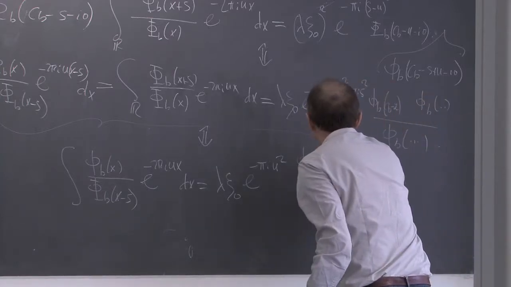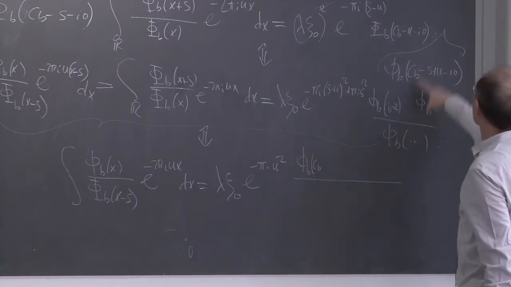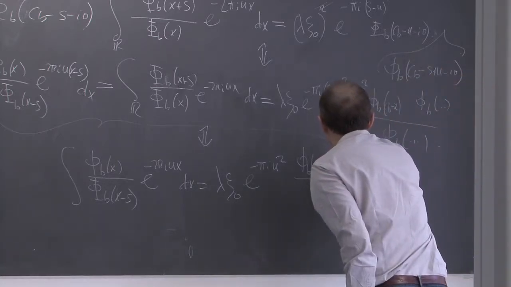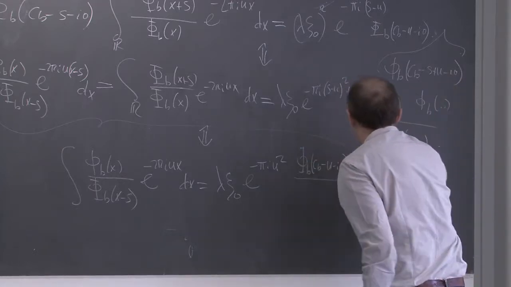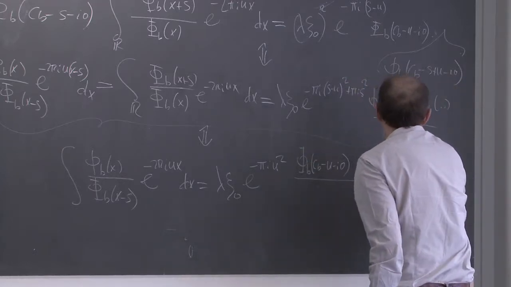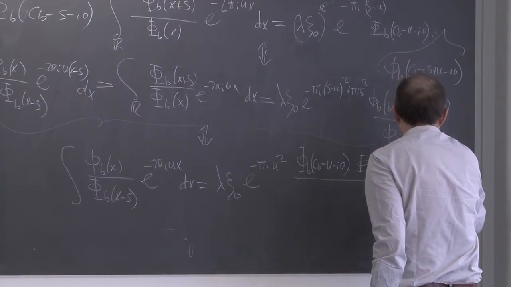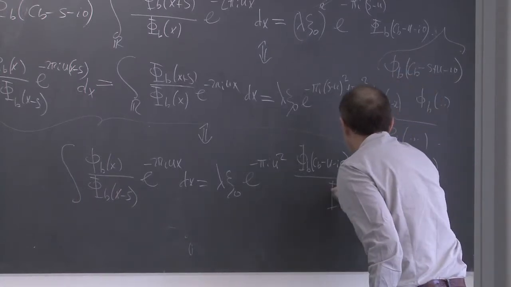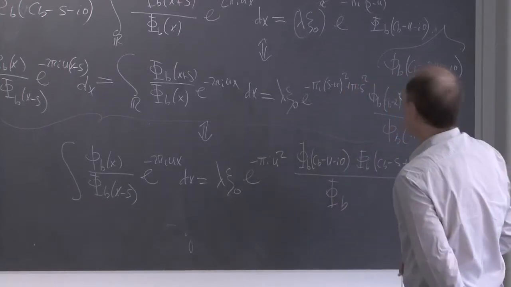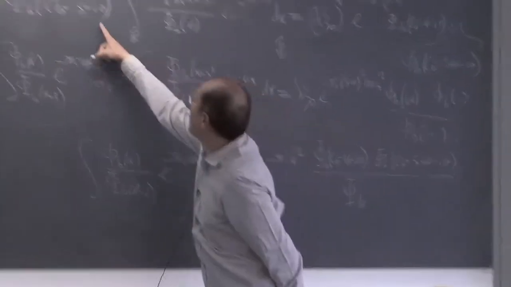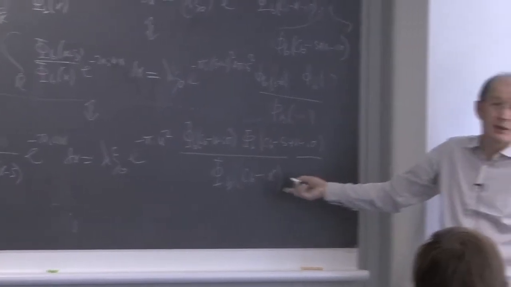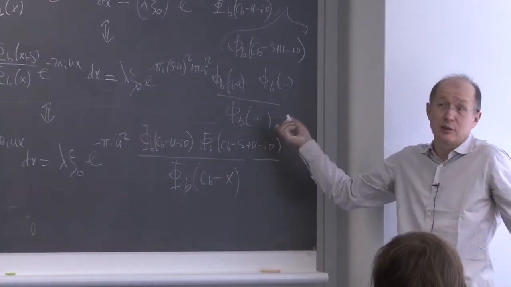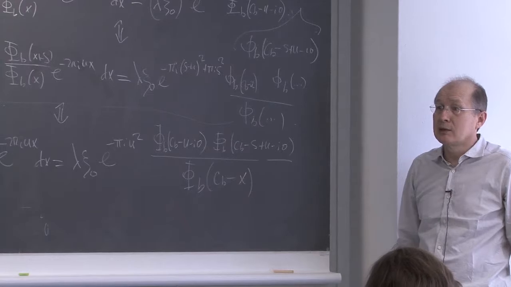and the fraction of three phi functions, phi b of c_b. Okay, so let me write it once more. Minus u minus i0, phi b of c_b minus s plus u minus i0, and divided by phi b of c_b minus x. And we don't put any i0 because the pole in the denominator is a zero, so it is not problematic.